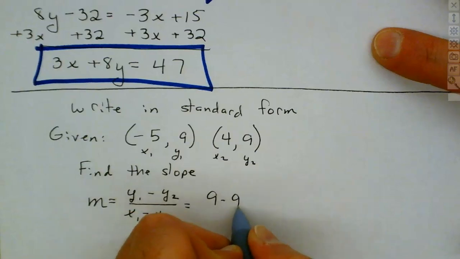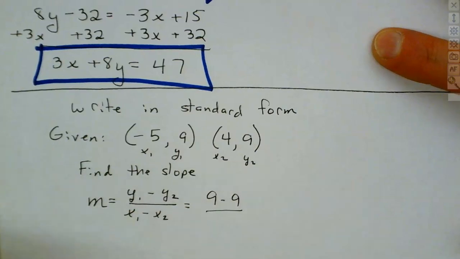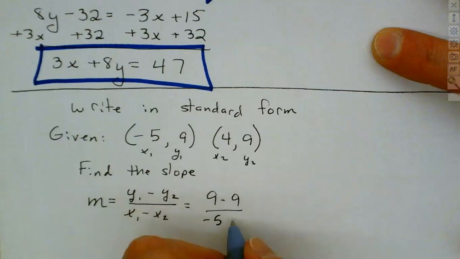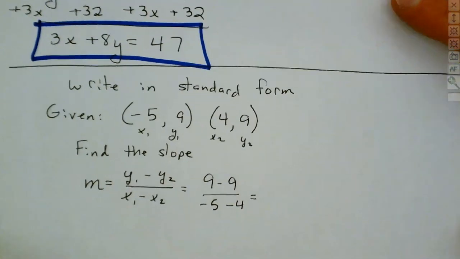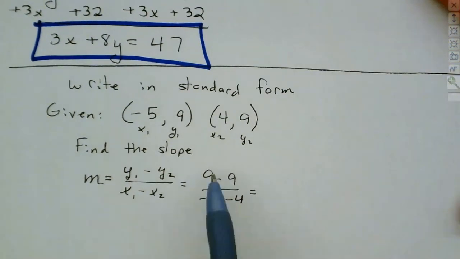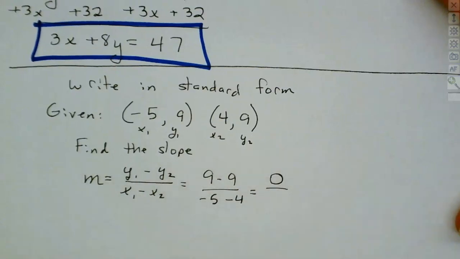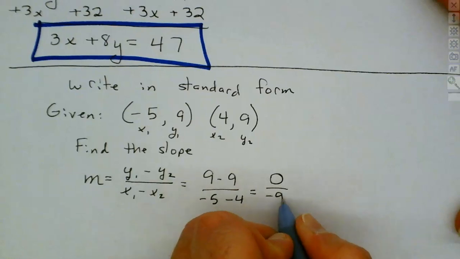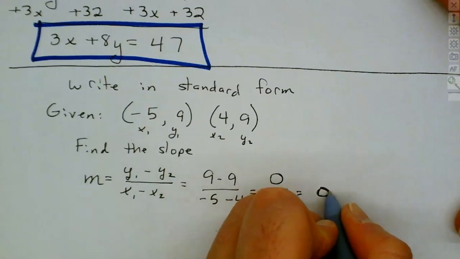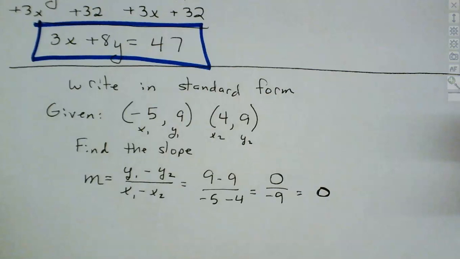Now, what happens when I work with my slope here? Well, look at the numerator, the top half. 9 minus 9, that makes it 0. And minus 5 minus 4, that's a minus 9. 0 divided by any number is still what?